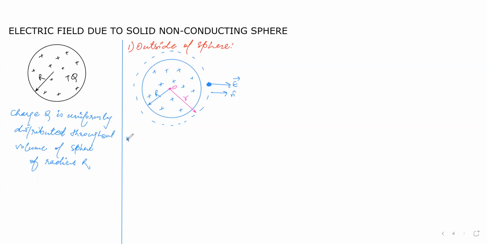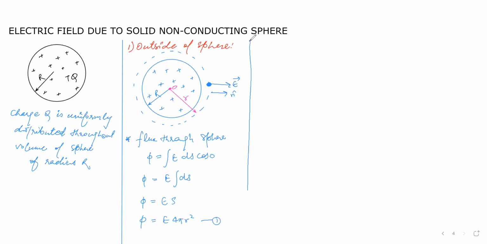In the first step, we are going to calculate the flux through the sphere, which is phi equal to integration of E dot ds cos 0 degree, which is phi equal to E integration of ds, which is E into S. The value of S is 4 pi r square. This is your value of flux.